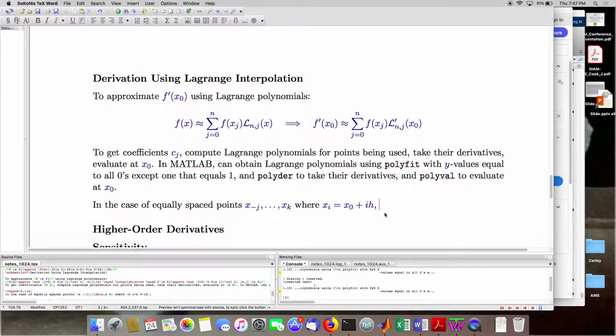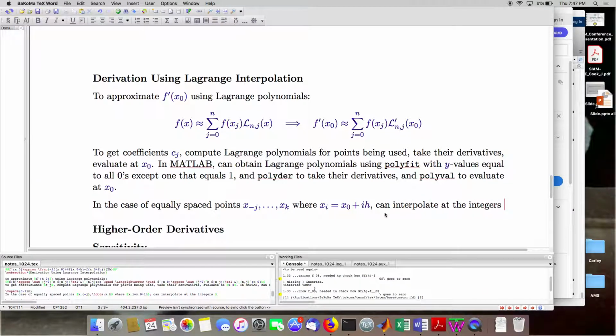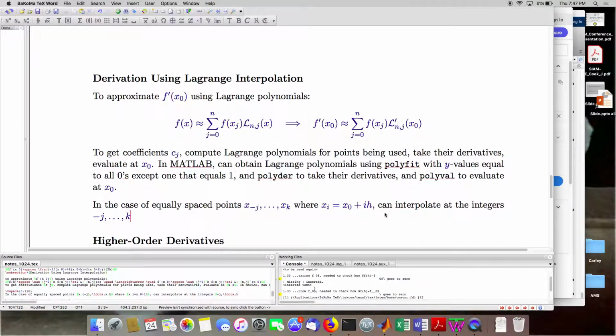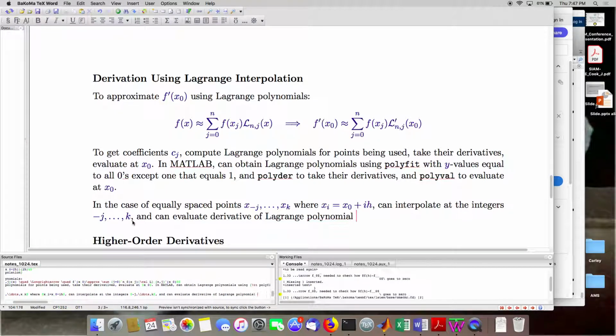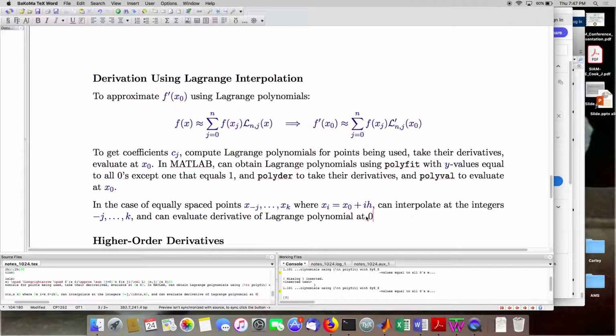So what you can do is interpolate at the integers minus j to k, and these serve as your interpolation points, and evaluate the derivative of the Lagrange polynomial at 0, because 0 corresponds to x naught. Basically, what we're doing is a change of variable to make all that work.